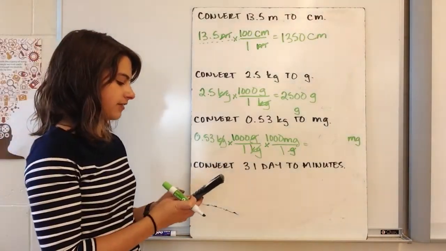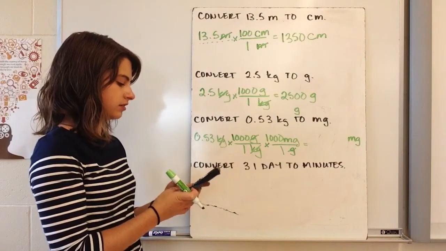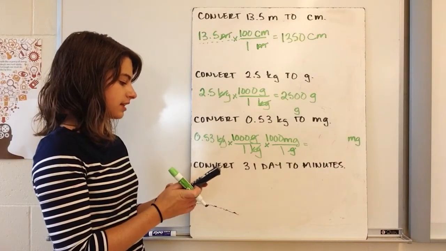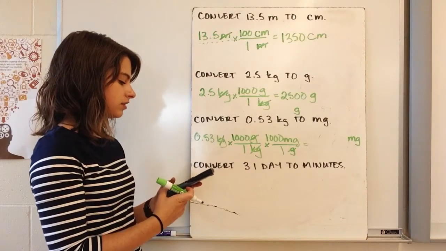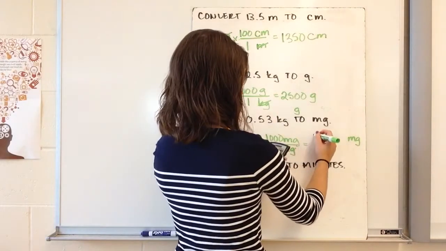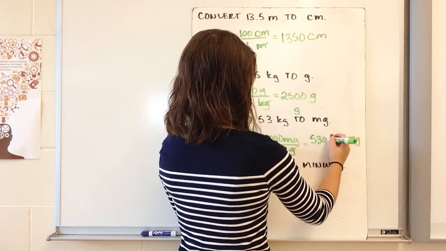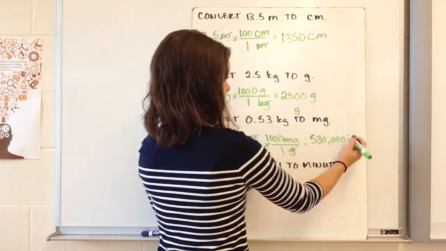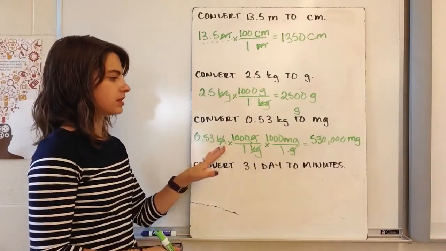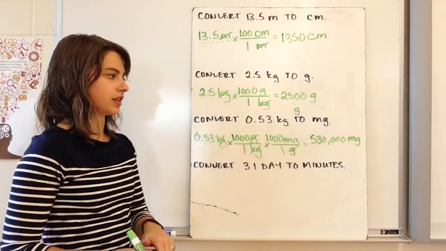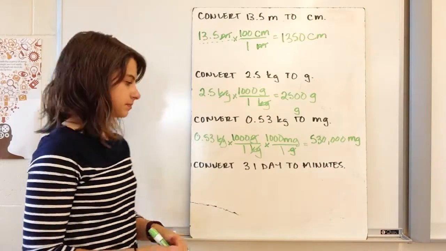So 0.53 times 1,000 times 1,000 gets me 530,000 milligrams. So if I have 0.53 kilograms, it's the same thing as 530,000 milligrams.